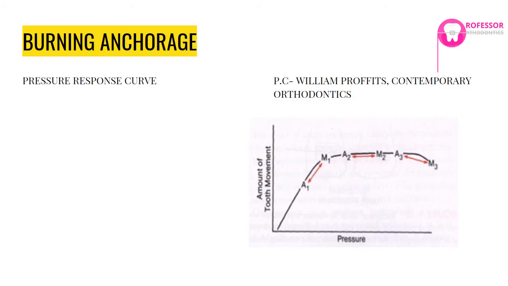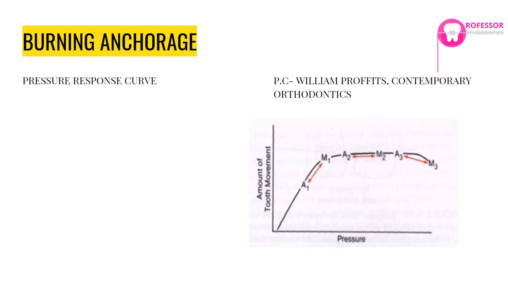Now, what's burning anchorage? Burning anchorage is every orthodontist's nightmare. It's basically losing anchorage. Burning anchorage is another way of saying you are losing anchorage. You're destroying anchorage, and anchorage is precious in orthodontics. Now, this particularly comes into play where you have a group A anchorage case, or sometimes a moderate anchorage case, but it basically refers to a group A anchorage case.